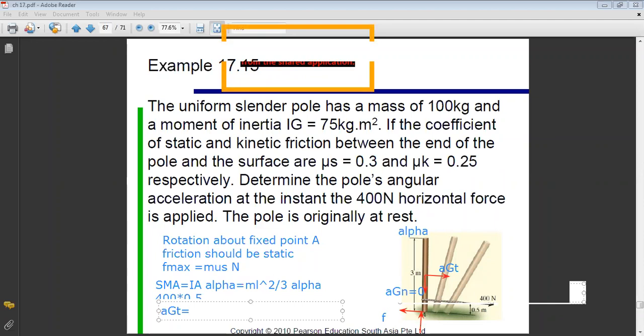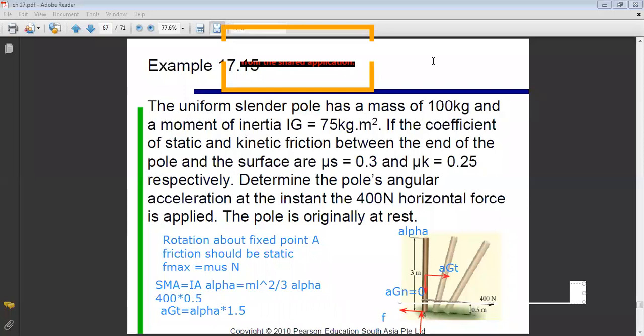Alpha times R. And R here is the distance between A and B, 1.5. So alpha times 1.5. This is my second equation. I already calculated alpha, and this relation will give me AG tangential. I still have only two unknowns, which are N and F.